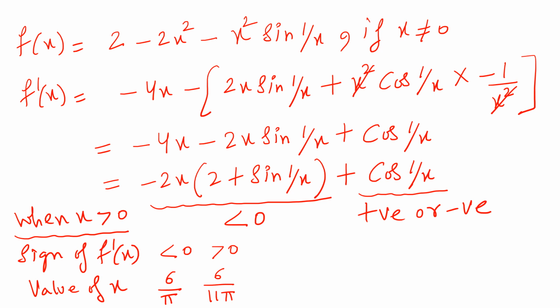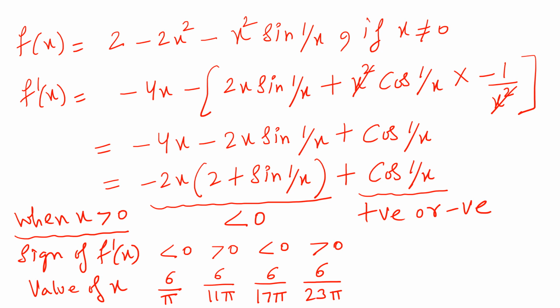When I take a still smaller value, suppose I take 6 upon 17 pi, then at this value I get the sign of f dash x as negative again. When I take a still smaller value, suppose I take 6 upon 23 pi, then I get the sign of f dash x as positive again.